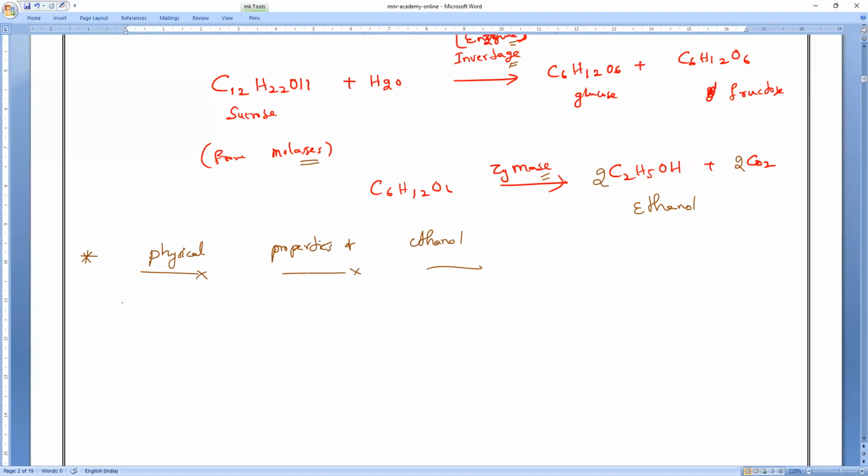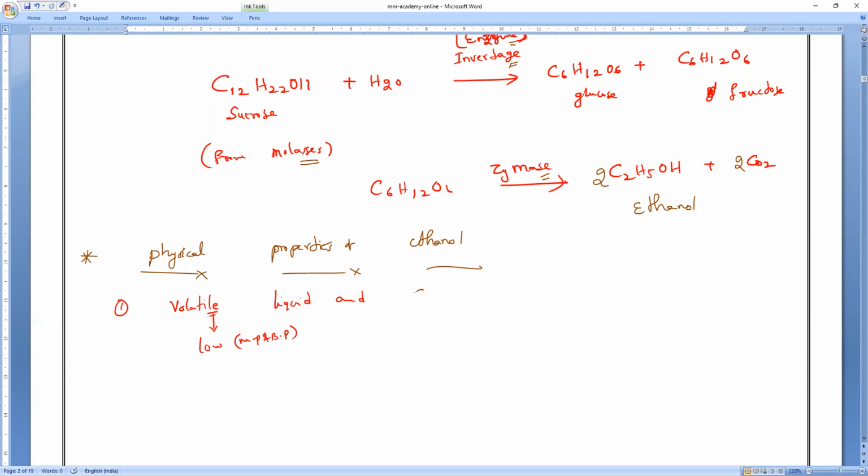So it is actually a volatile liquid. I already taught you what volatile means. Anybody? What do you mean by volatile? It can easily change its state. So volatile means having a low melting and boiling point, so they can easily change their physical state by a small change in temperature.